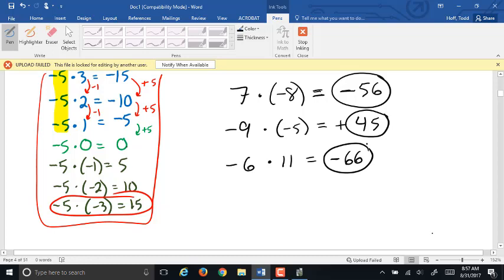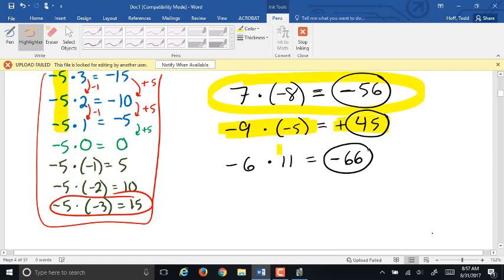So the pattern that develops here is when we're multiplying two things that are the same sign, a negative times a negative, and of course, obviously a positive times a positive, the result is positive. If we're multiplying one positive and one negative, the result will always be negative.